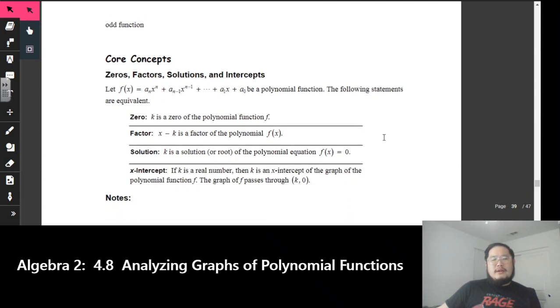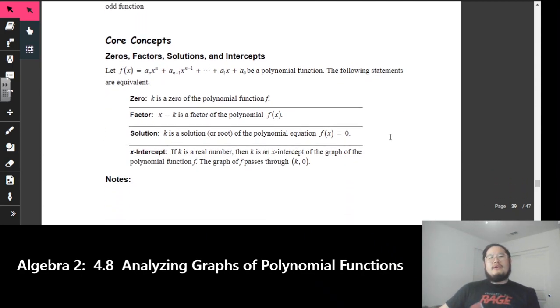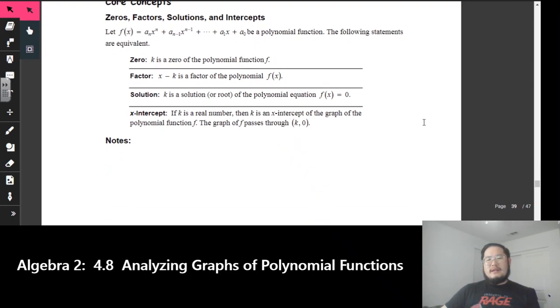Now, as we scroll down right here, in our core concepts they say zeros, factors, solutions, and intercepts. Well, in the end, all of this stuff means the same thing, kind of. We're finding the same exact thing.